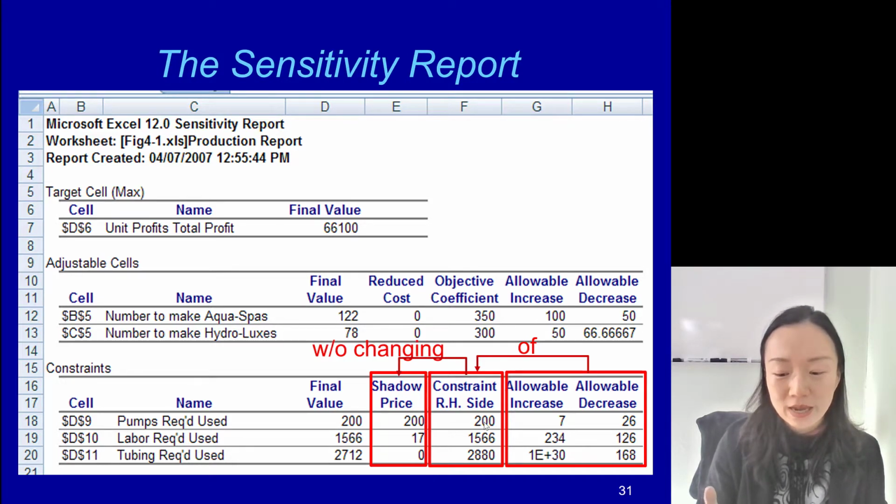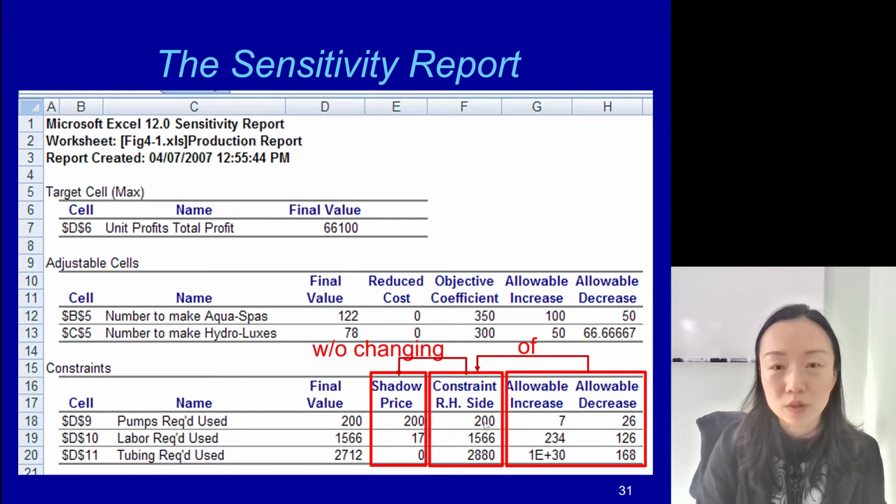But now say we get 1 more pump, so we can make 1 more hot tub, and then we can make more money. But at a certain point, we'll have more than enough pumps to use. And if we keep adding more, that just won't add more profit. At that point, for example, the tubing becomes the limiting resource that keeps us from increasing our profit.